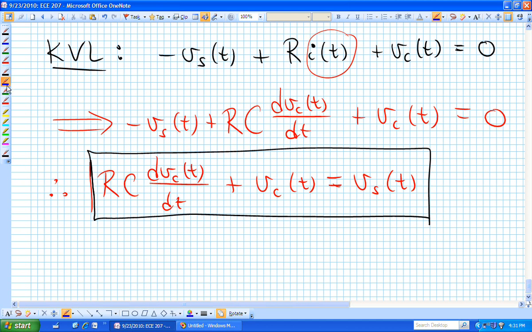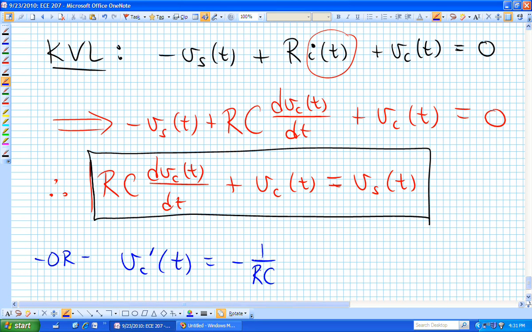Or you might see me write that as V sub C prime of t, where the prime means derivative with respect to time. And now all I've done is divide both sides by RC, so that I've solved for the highest powered derivative on the left-hand side.